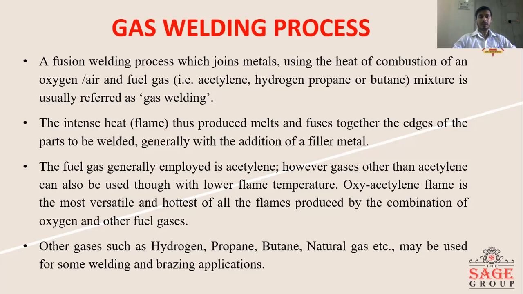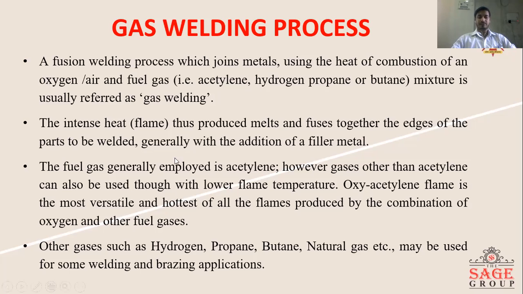In gas welding, fusion takes place by the heat of the combustion of oxygen and a fuel gas. The intense heat, that is the flame, thus produced melts and fuses together the edges of the parts to be welded, generally with the addition of filler metal.